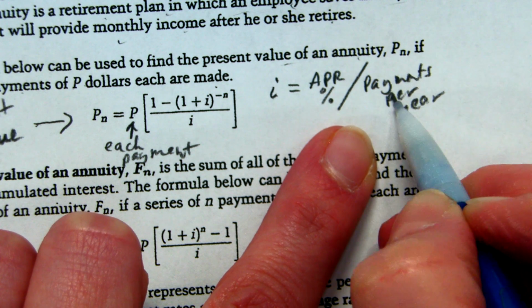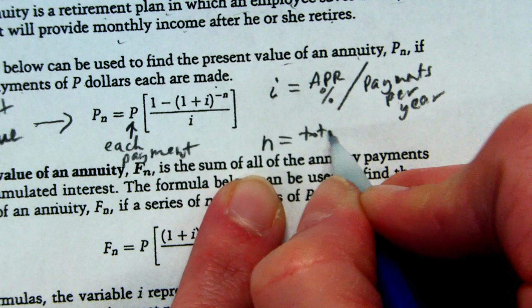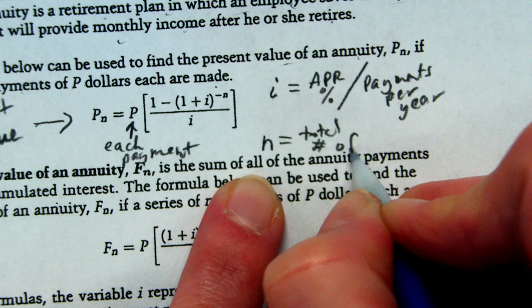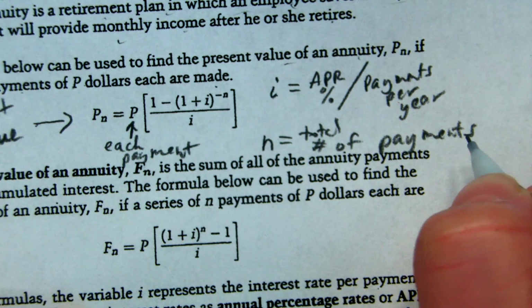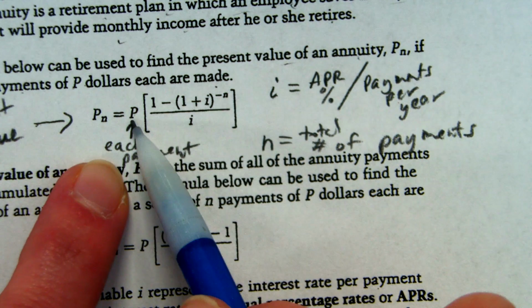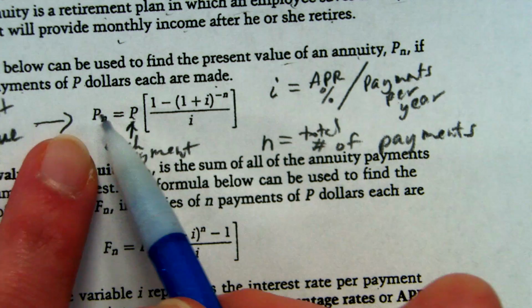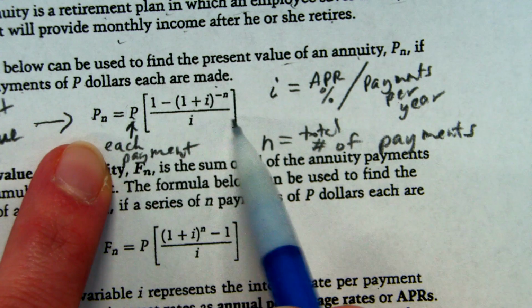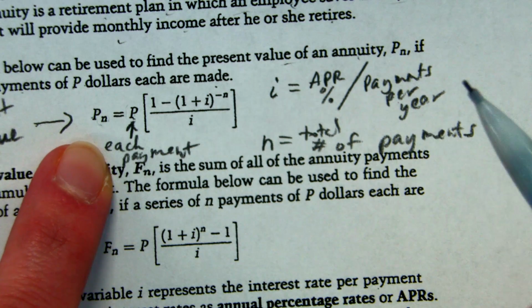It just depends on how often you're making the payments. And then N is the total number of payments. So if they ask you what each payment is, you're going to solve for P. If they ask you for the present value, you put everything in over here and find PN. And that's whatever this is worth today.